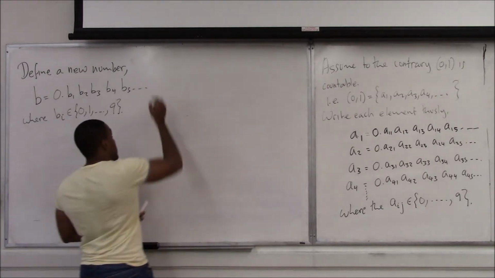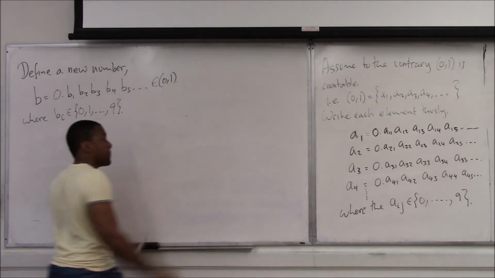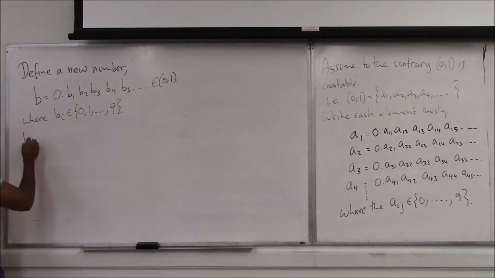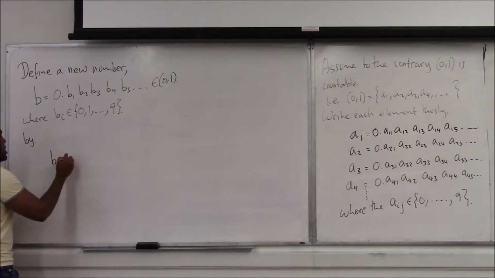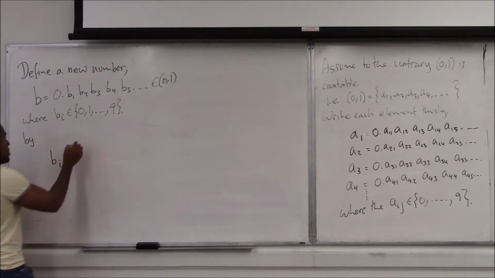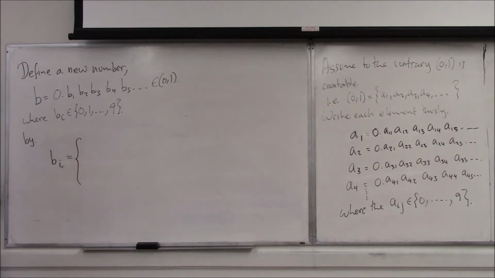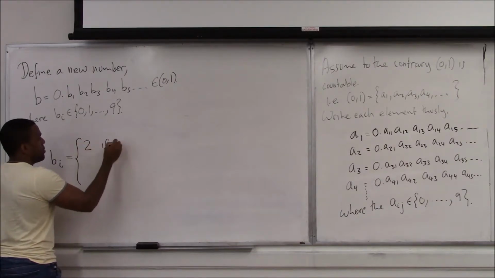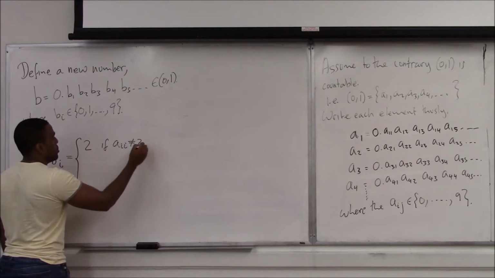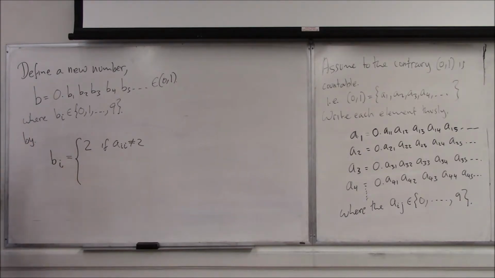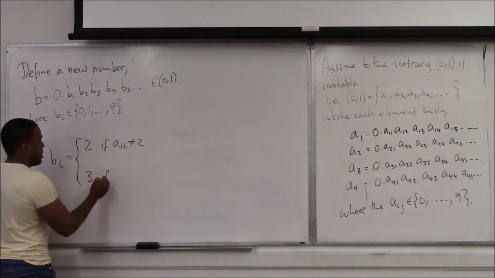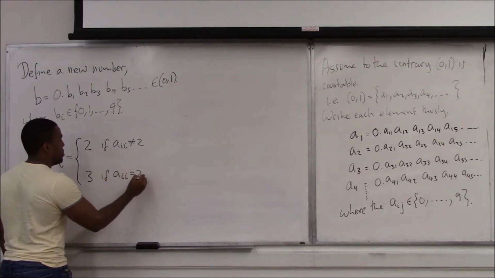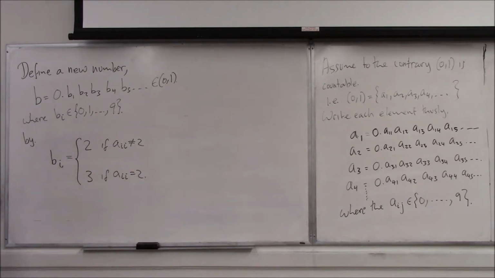Notice that this guy will be an element of 0, 1. By the following, I'm going to tell you what Bi should be equal to. Set it to be 2 if Aii is not 2, and set it to be 3 if Aii is 2. That's going to be how I'm going to create a decimal expansion.